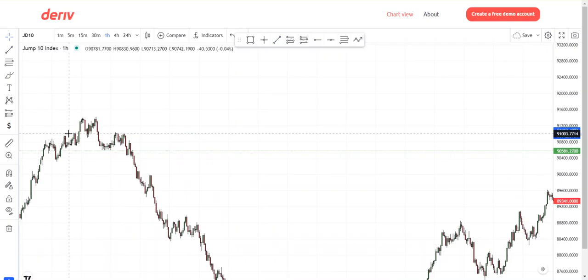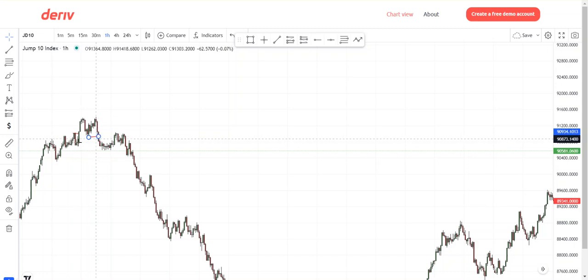See, there is a break to the top, and it did an M pattern, and then there is a market structure shift here. You can even do it here or there. There is a market structure shift here.